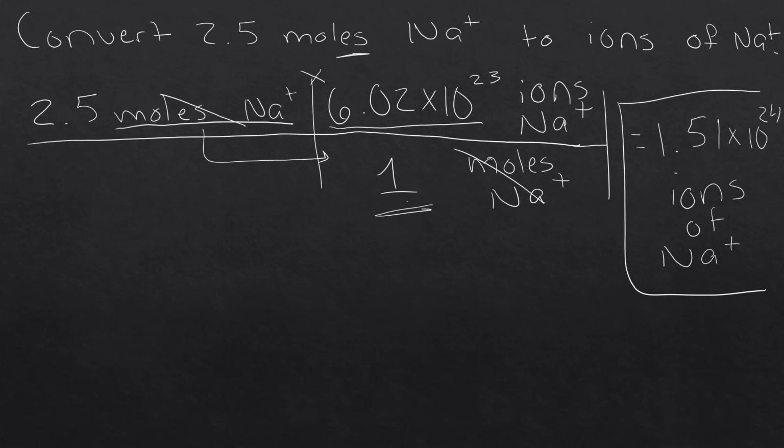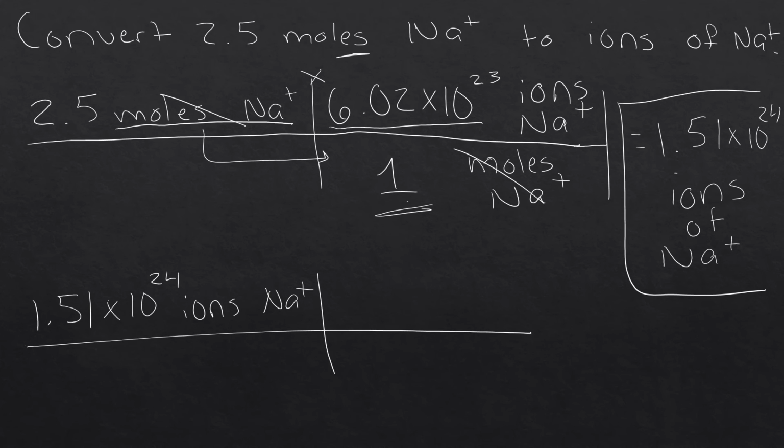Now if we wanted to go backwards and convert from ions to moles, let's say we had 1.51 times 10 to the 24th ions of Na+, and we wanted to go back to moles. Ions of Na+ would go on the bottom, and in 6.02 times 10 to the 23rd ions of Na+, there is 1 mole of Na+.